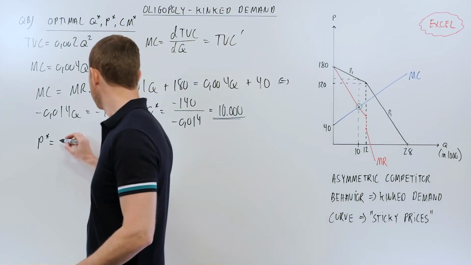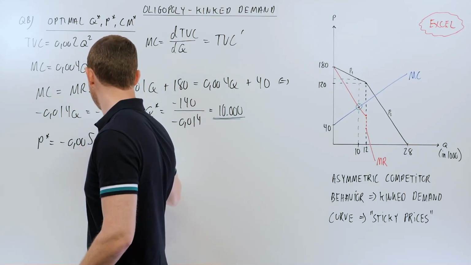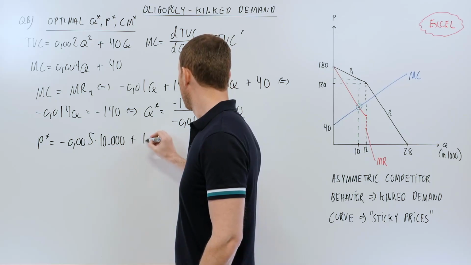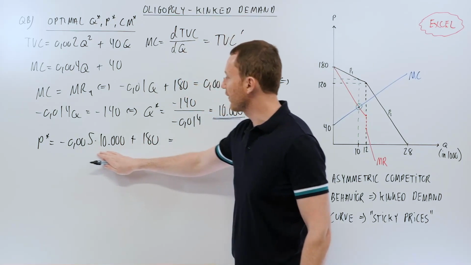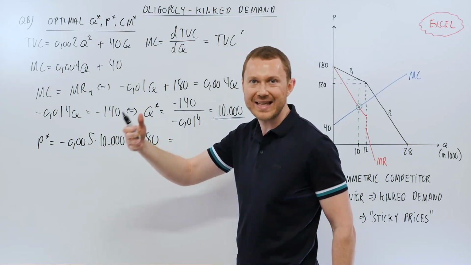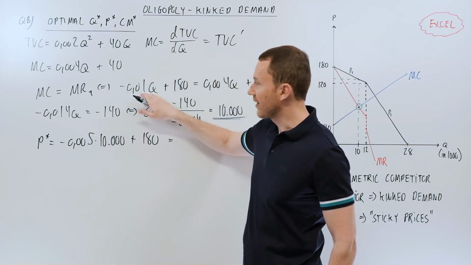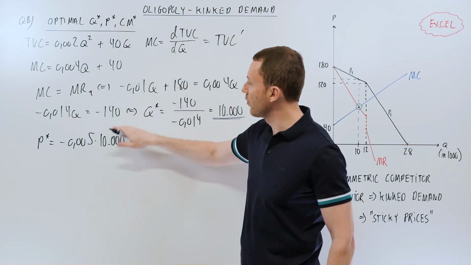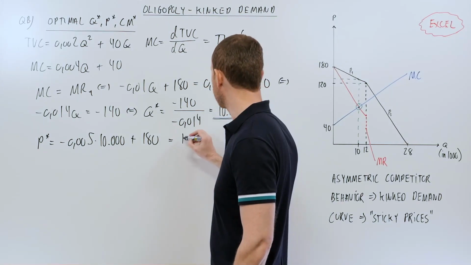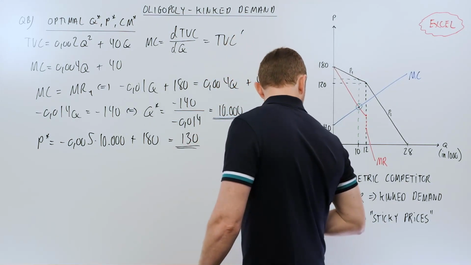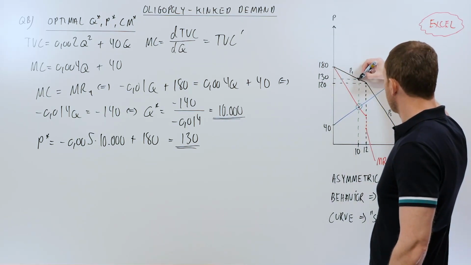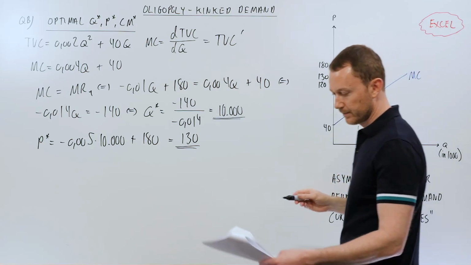And that will be minus 0.005 times 10,000 plus 180. You'll find this function in question A, where I went through deriving P and MR. We'll find the MR function in question A also. So you have written these functions down. Now just substitute the 10,000 into those functions and I get an optimal price of 130. So that's up here.